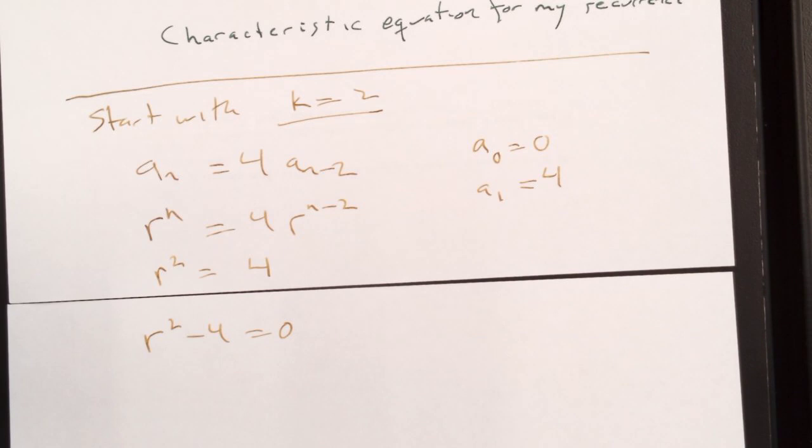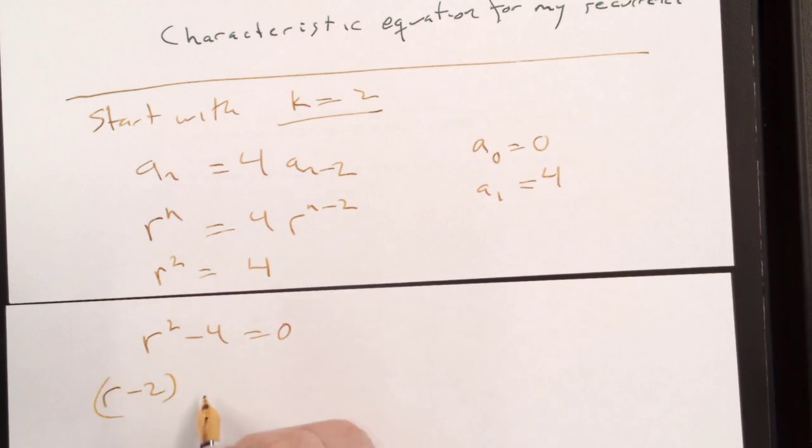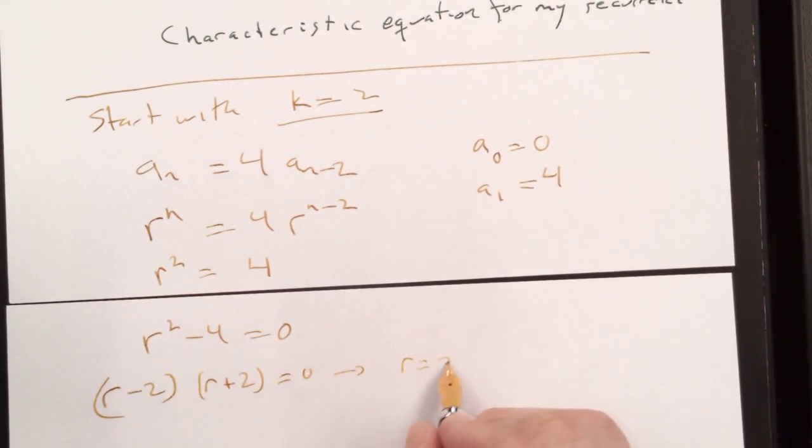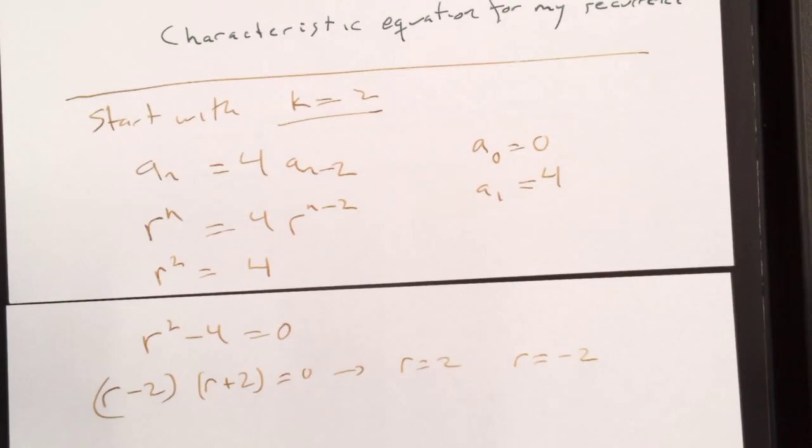Aha. Here is the best part. Those are the two numbers that I am allowed to use for r.